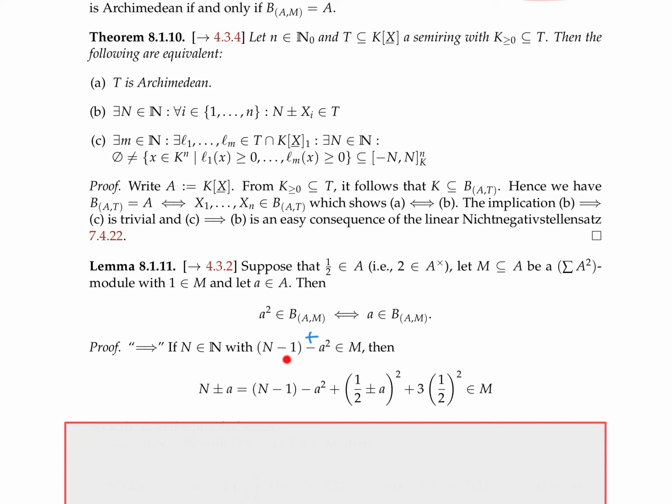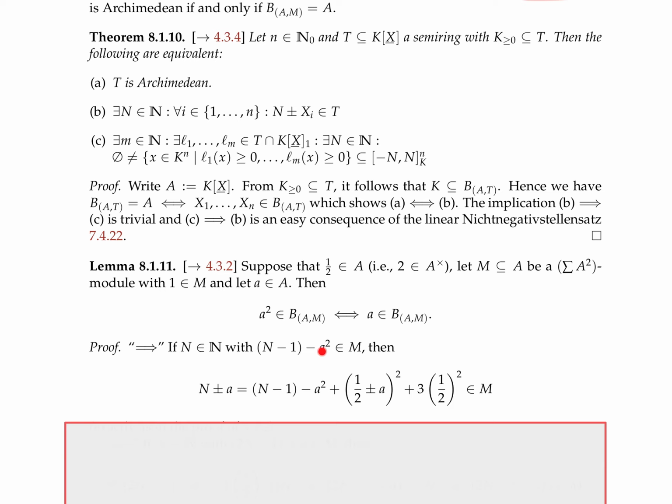Because I have a sum of squares, 1 is 1 squared and so on. And here I add another square, and 1 is in M, so M contains all sums of squares anyway. So the plus isn't interesting. Interesting is only the minus here, right?